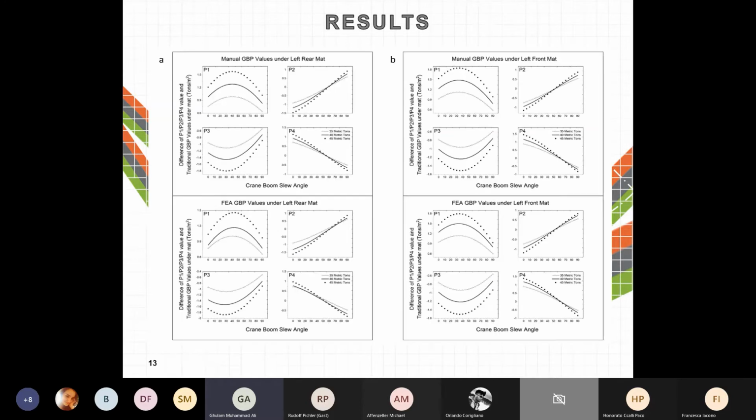Let's talk about FEA versus the manual, the new method.